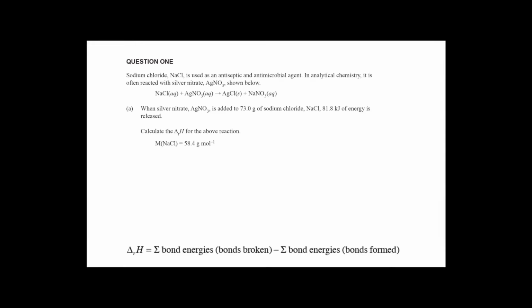But anyway, in analytical chemistry, it is often reacted with silver nitrate, AgNO3, shown below. When silver nitrate, AgNO3, is added to 73 grams of sodium chloride, 81.8 kilojoules of energy is released.